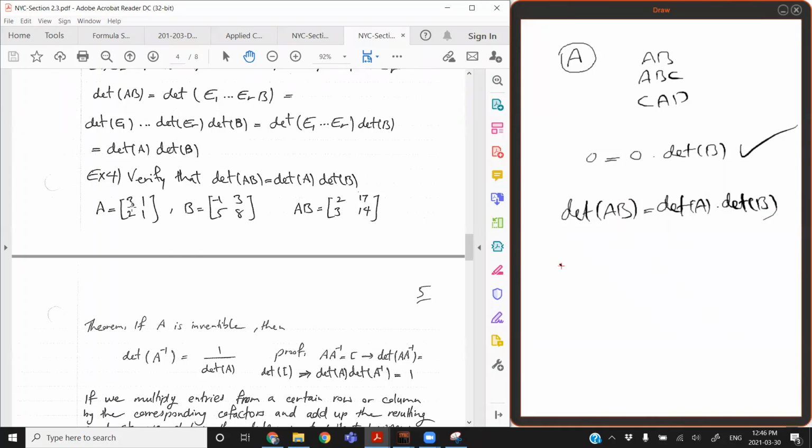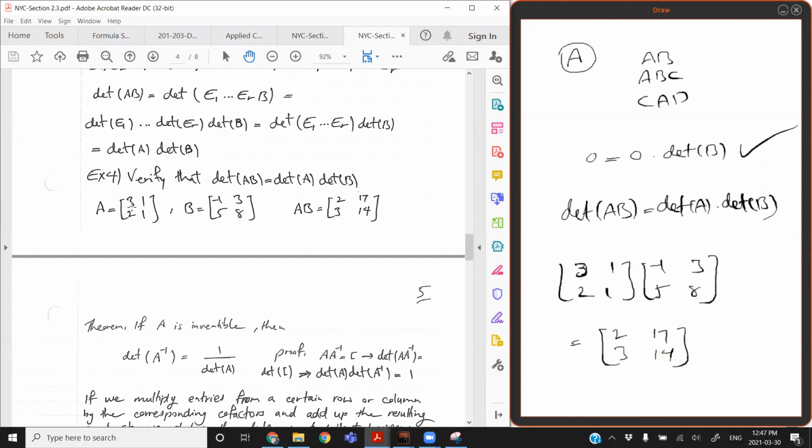If I multiply A, 3, 1, 2, 1, and B, negative 1, 3, 5, 8, I'm going to get 3 times minus 1 minus 3 plus 5, 2. 3 times 3, 9, 9 plus 8, 17. 2 times negative 1, negative 2, negative 2 plus 5, 3. 2 times 3, 6, 6 plus 8, 14.